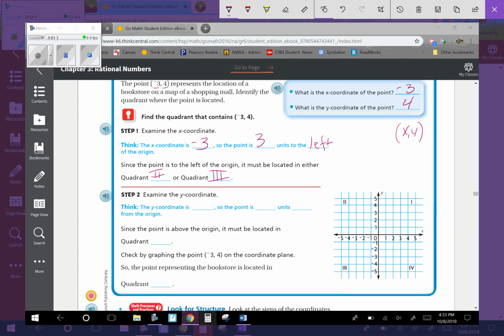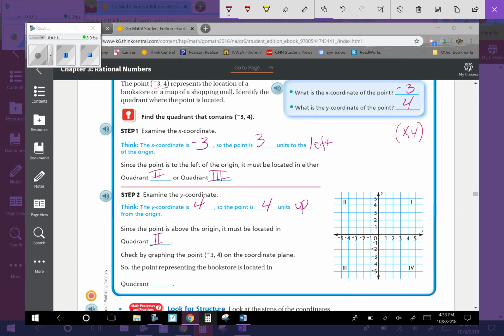Step 2 is to examine the y-coordinate. The y-coordinate, we know it's 4, which means it's 4 units up, because it's positive, up from the origin. So since the point is above the origin, it must be located in quadrant 2 because quadrant 3 is below the origin.